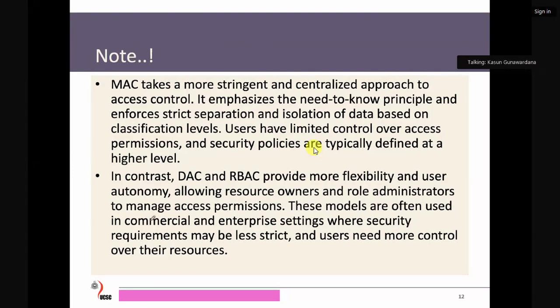In contrast, discretionary access control and role-based access control provide more flexibility and user autonomy, allowing resource owners and role administrators to manage access permissions. These models are often used in commercial and enterprise settings, where security requirements may be less strict and users need more control over their resources.